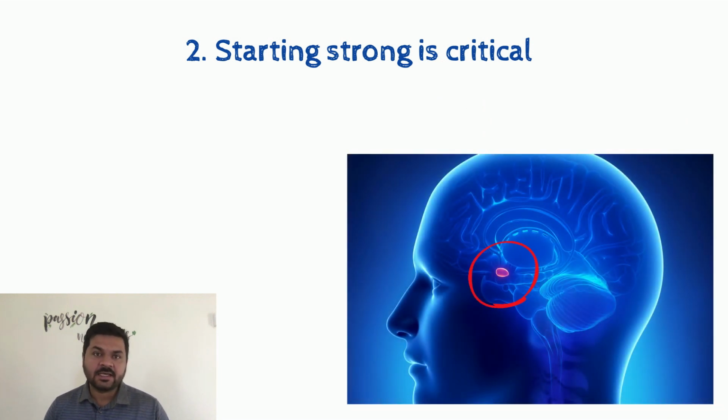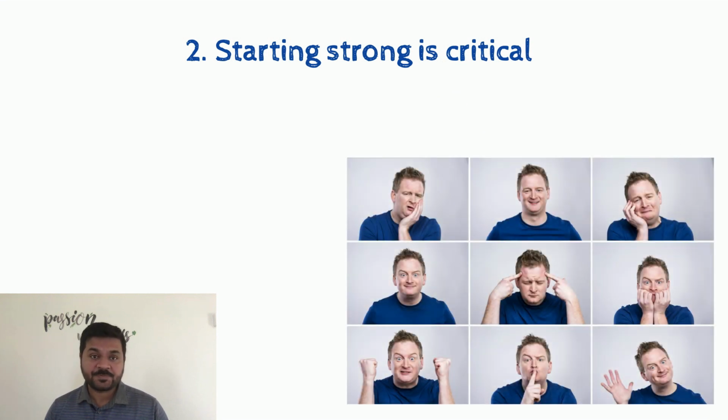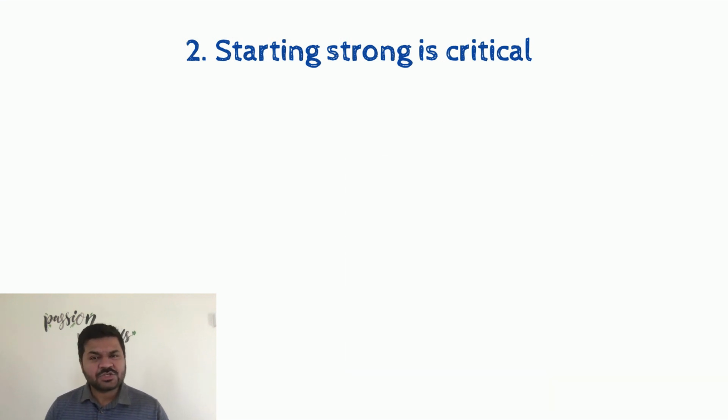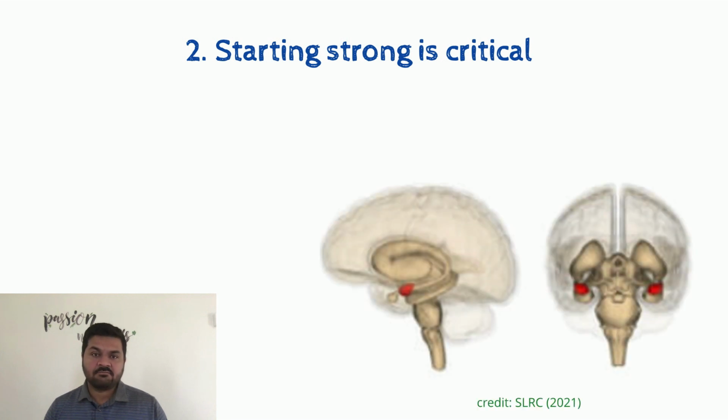The amygdala in our brain is responsible for regulation of emotions and encoding of memories related to strong emotions. When our students are forming their first impression of the teacher or the lesson, the amygdala demonstrates a strong activation.